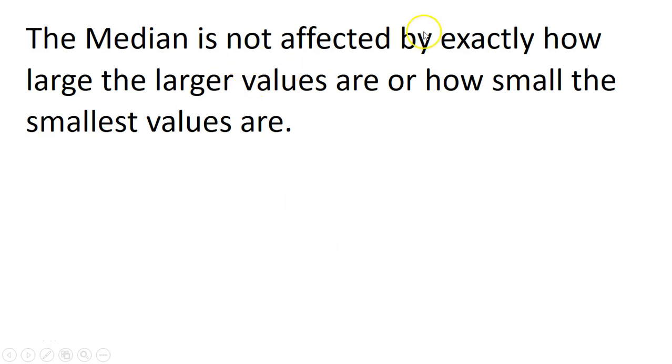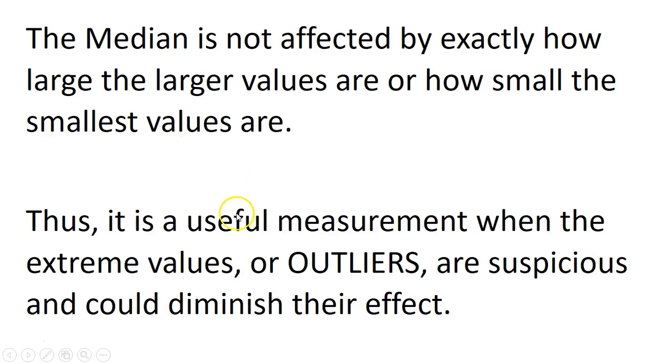The median is not affected by exactly how large the larger values are, or how small the smallest values are. Point is, in the data set that we just saw, the highest was 461. I could have replaced 461 with 812 feet, and it's not going to affect the median, but the average would be drastically skewed by that outlier, and we went over that stuff before.